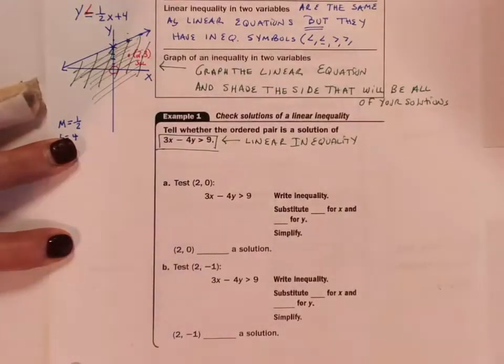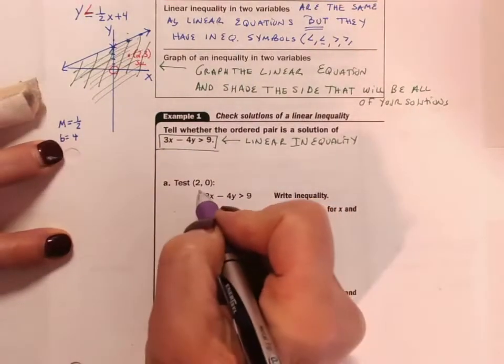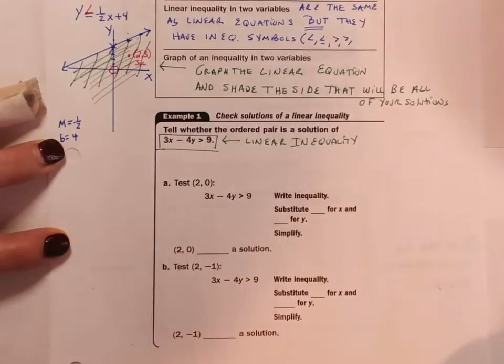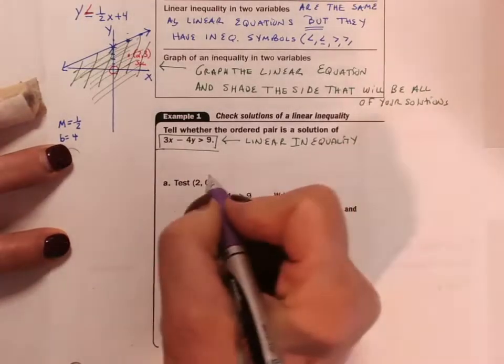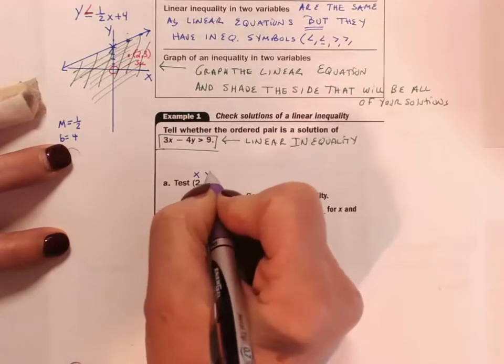And you've done this before. You have an ordered pair. You want to find out if 2, 0 is a solution to this linear inequality. There's your x coordinate, there's your y coordinate.